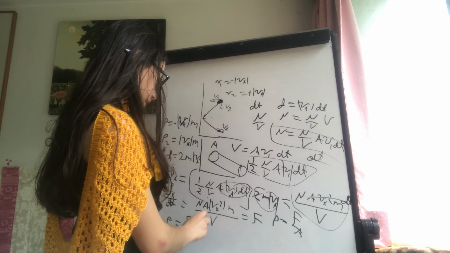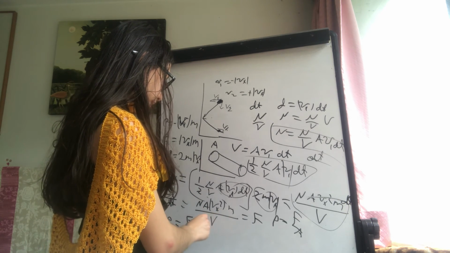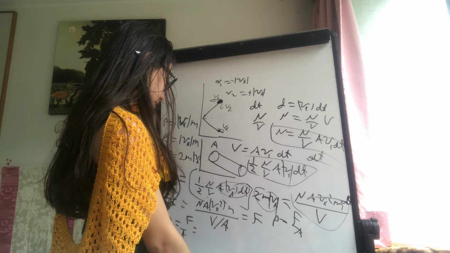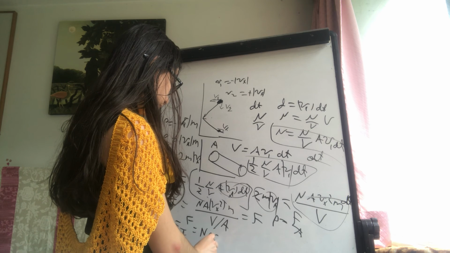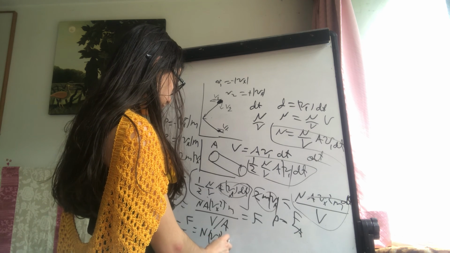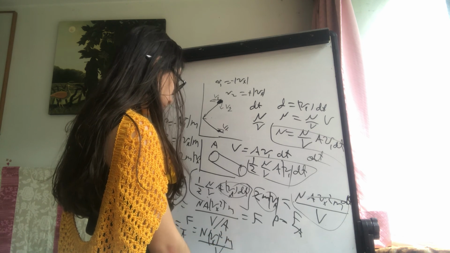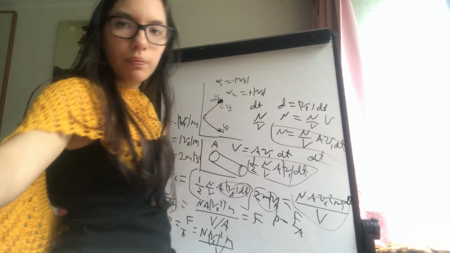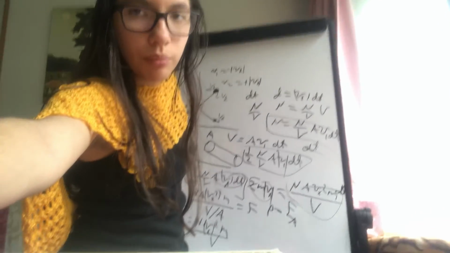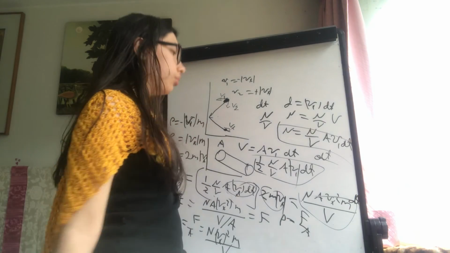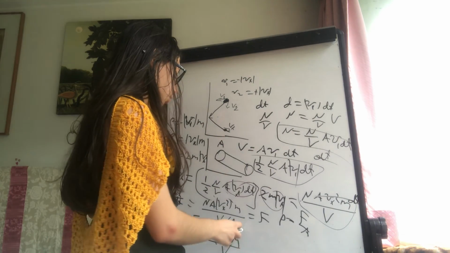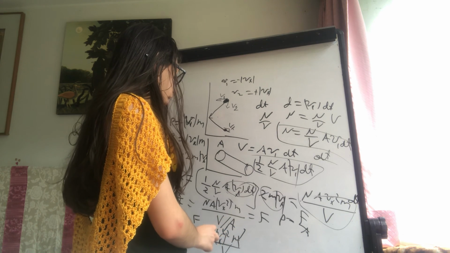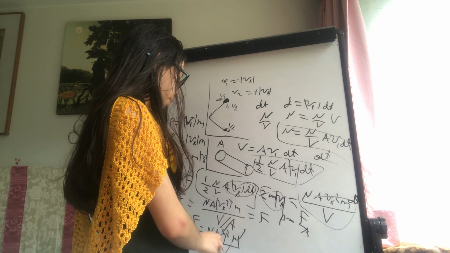Here we have this divided by area, and we have just N times the velocity squared times the mass divided by the volume. So the pressure exerted by the molecules of gas on the wall depends only on the mass, the velocity, and the number of molecules per volume.